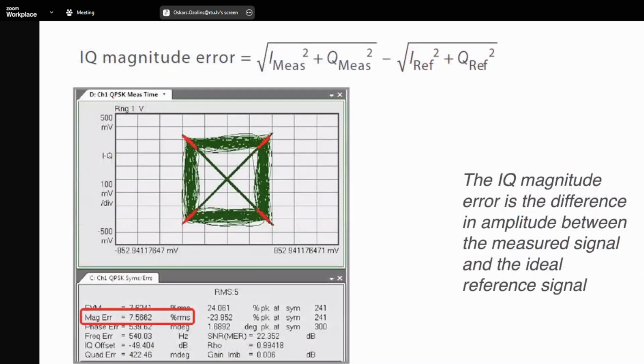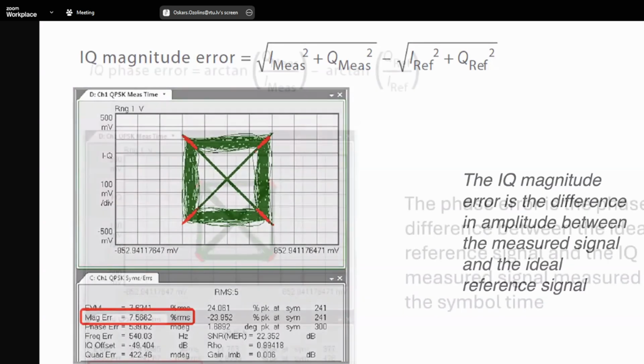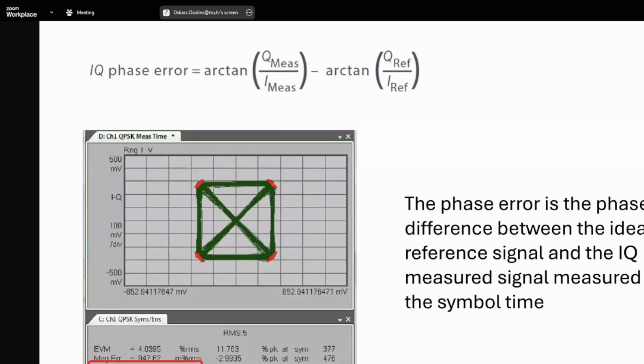Then we can also define this IQ magnitude error. So we get the error here. This is just a different visualization of the constellation with different impairments, and then we also get a phase error. This is more like too much.